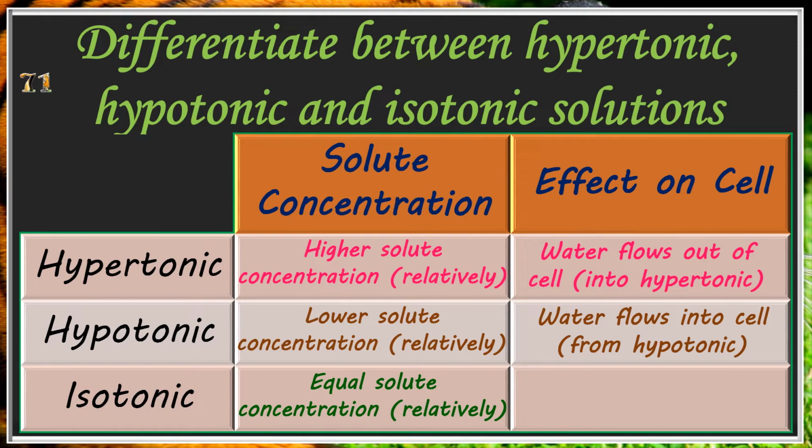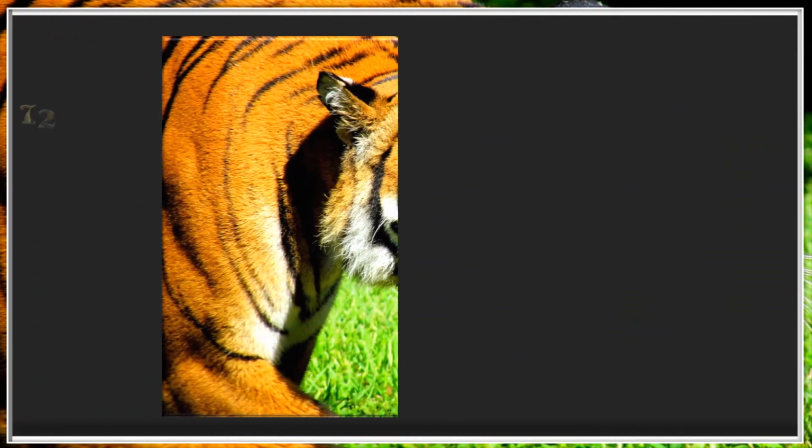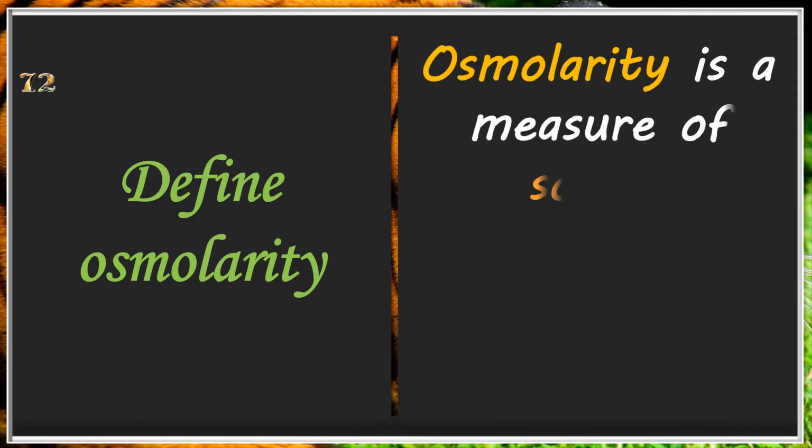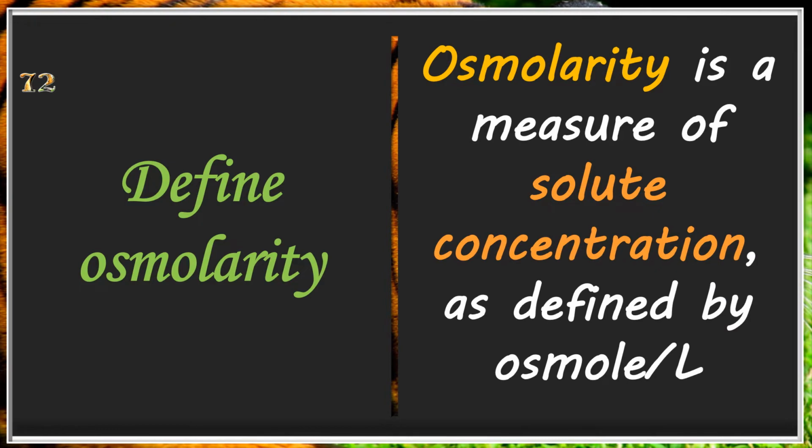The solute concentration is equal relatively on both sides. And what is its effect on the cell? There will be no net water movement. Define osmolarity. Osmolarity is a measure of solute concentration as defined by osmol per liter.